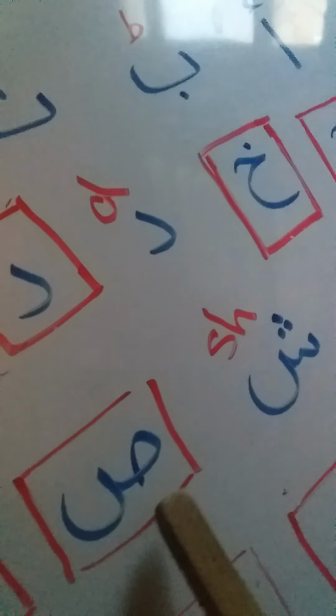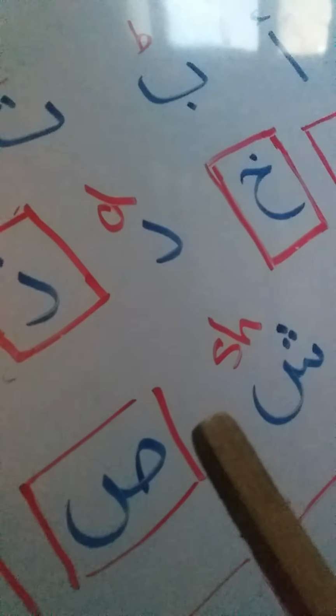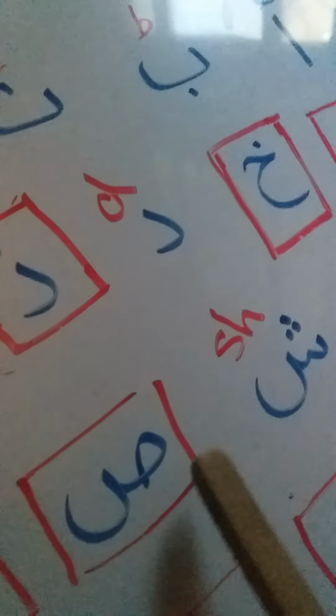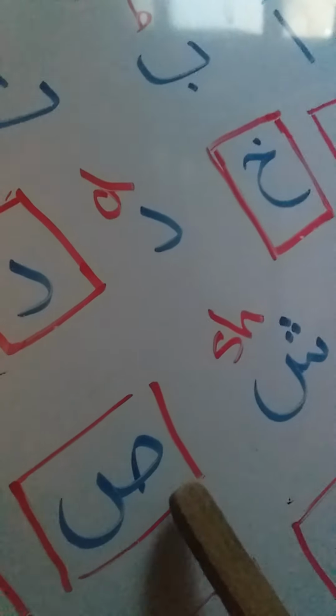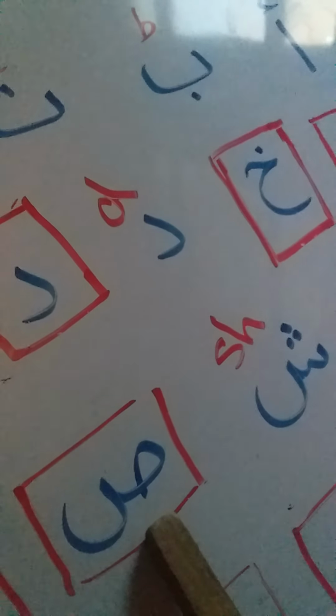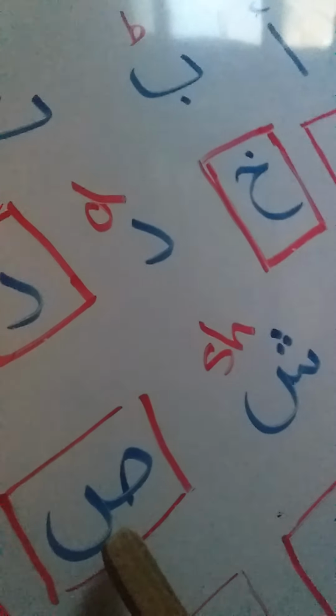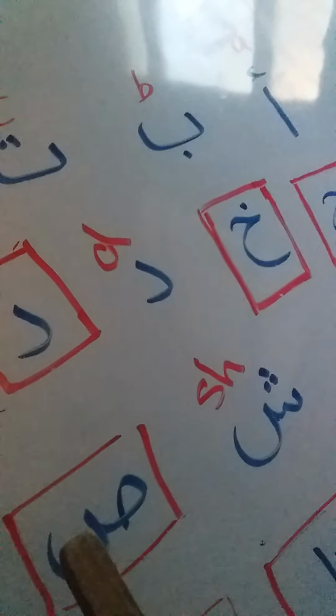Sad. Sad is a heavy letter and it's in a square because it's a new sound. It's similar to Sin, but there is a difference between Sad and Sin.